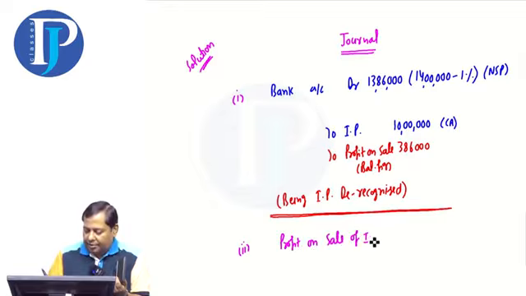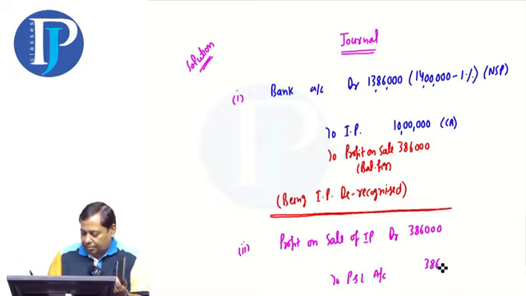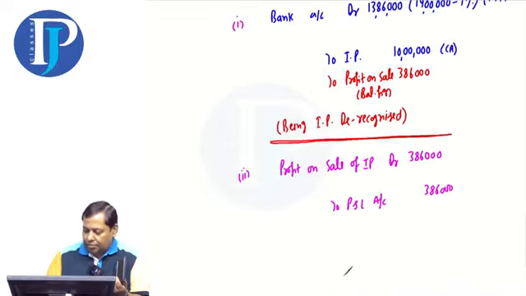Profit on sale of IP debit 386, to profit and loss. Being profit on sale transferred.